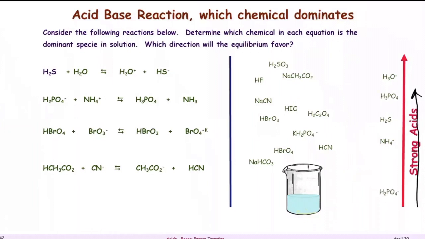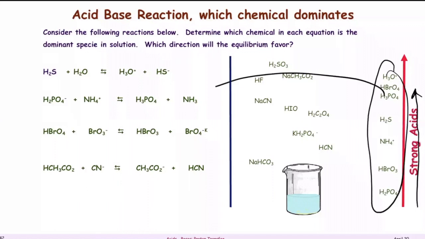Dihydrogen phosphate, bromic acid, and if you don't know how this arrangement works, you can just look up the Ka for each one of these. These are the chemicals I believe were in that discussion.